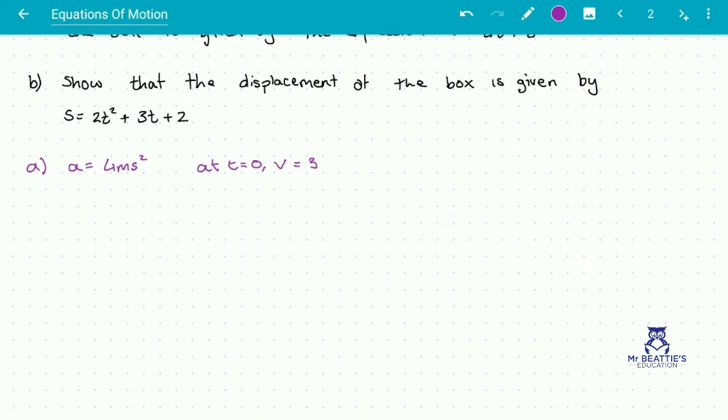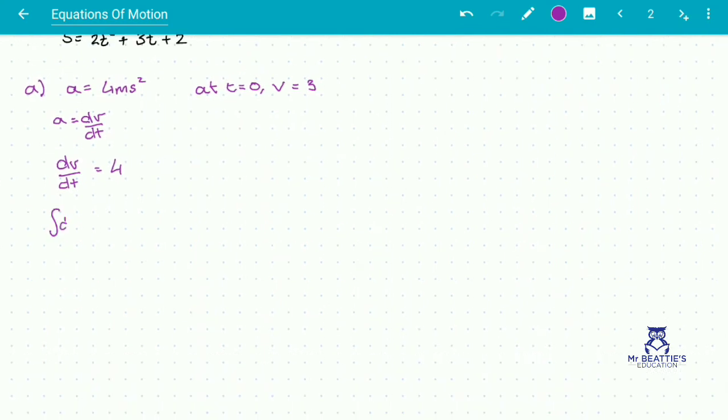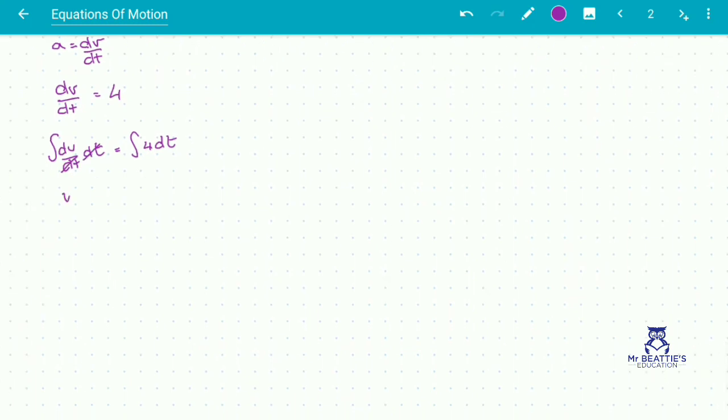Okay, now we know that acceleration is equal to dv by dt. So in this case, dv by dt is equal to 4. Okay, if we integrate both sides with respect to t, these two dt's are going to cancel off with each other, which will leave us with v is equal to 4t plus c.